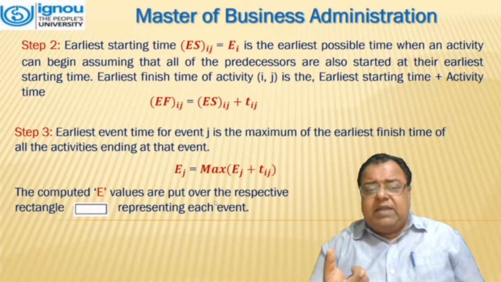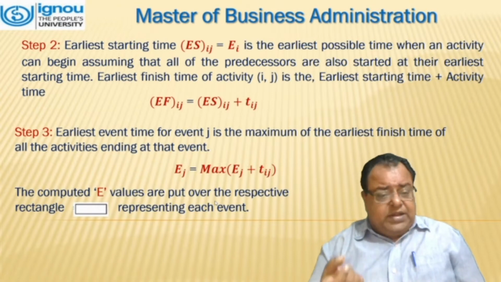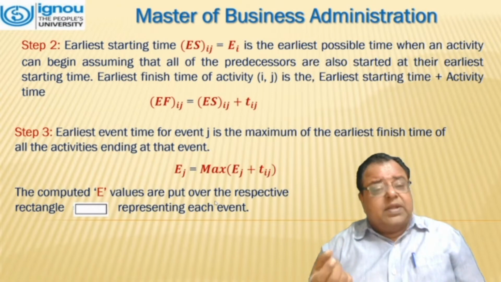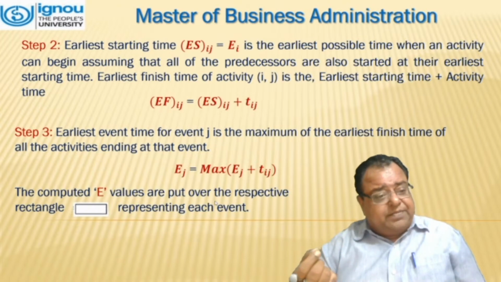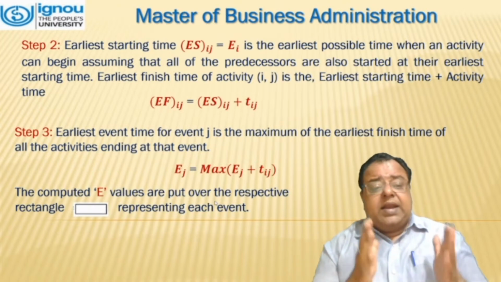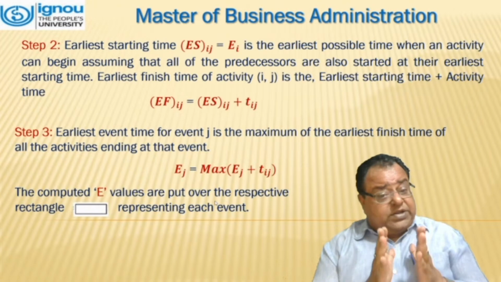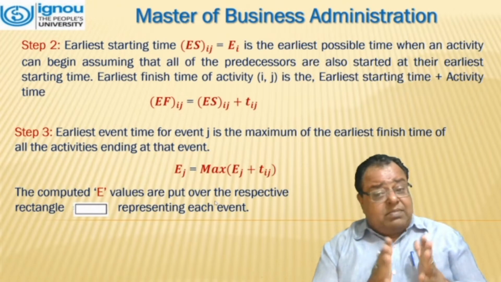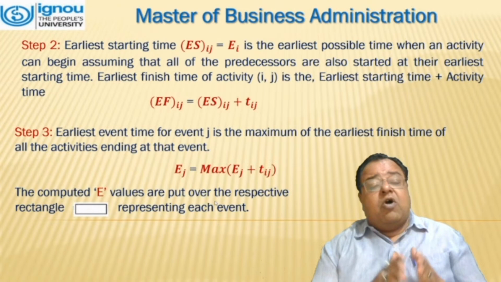So mathematically we can write it as EF(i, j) is equal to ES(i, j) plus T(i, j). Step 3: the earliest event time for event j is the maximum of the earliest finish times of the activities ending at j.